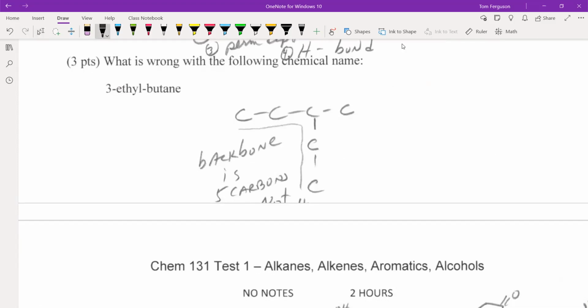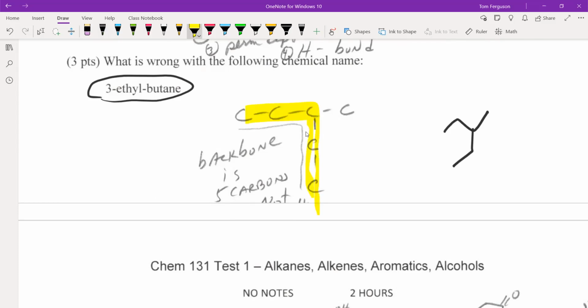If we draw this out as written, we go butane, 4 carbons long. And then on carbon number 3, we have an ethyl group. Okay, but what we end up drawing, though, is really mislabeled. It should be 5 carbons long, not 4.